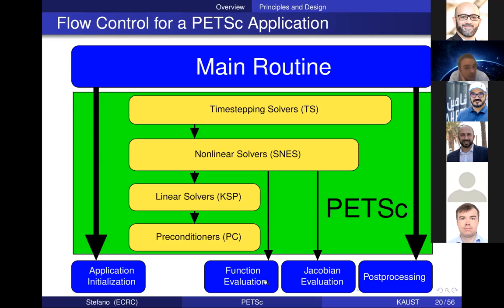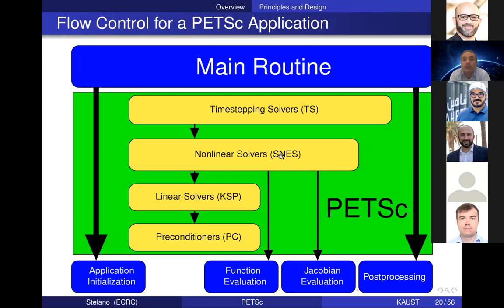So if you also want to do Newton, for example, you need to provide the Jacobian of the nonlinear equation. And you also have thus to provide PETSc a way to compute the Jacobian. So it's the responsibility of the user to compute the Jacobian or to evaluate the function, but then all the rest of the machinery is handled inside PETSc.